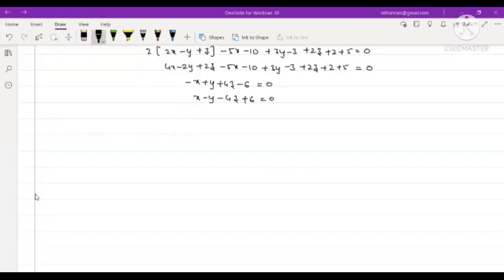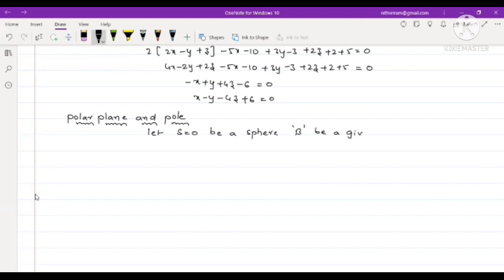So coming to the next definition, that is polar plane and pole. Let S is equal to 0 be a sphere. Let capital B be a given point.